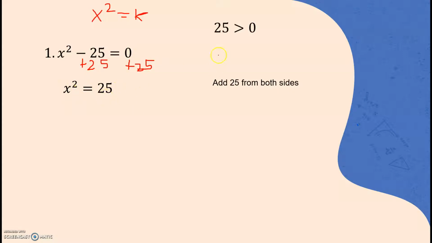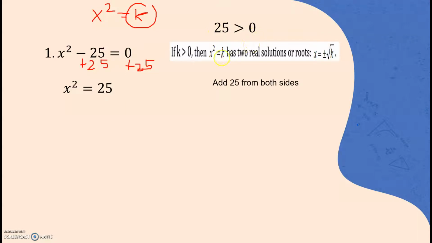And notice that 25, or the value of k, is greater than 0, right? Of course, it's greater than 0 because it's positive. So that means that for x squared equal to k, with k greater than 0, it has two real solutions. Now you have a hint of what you are looking for.